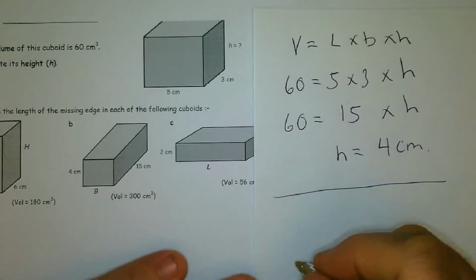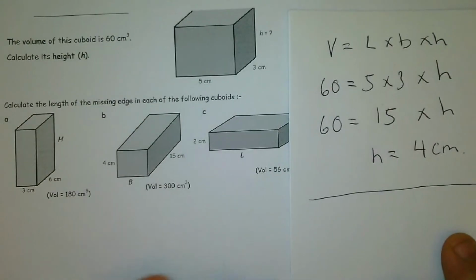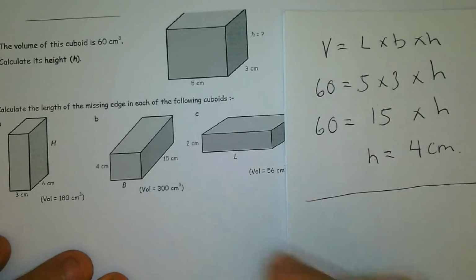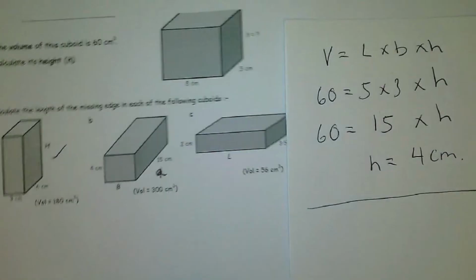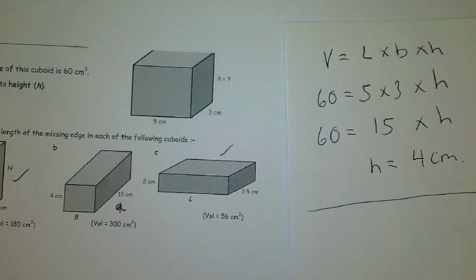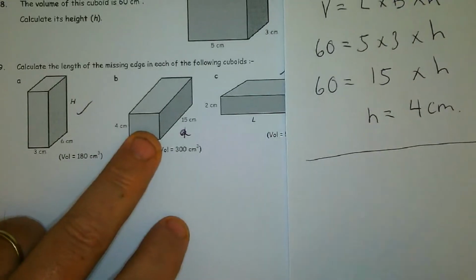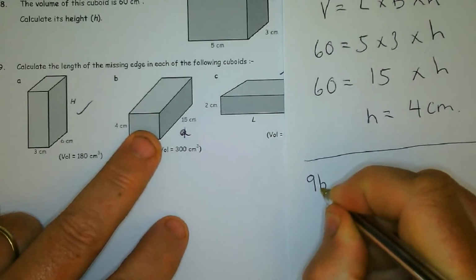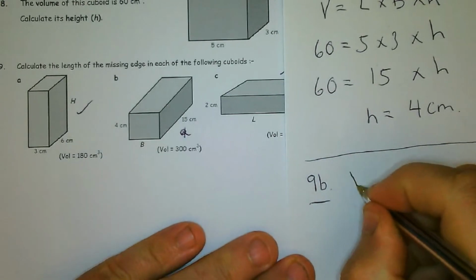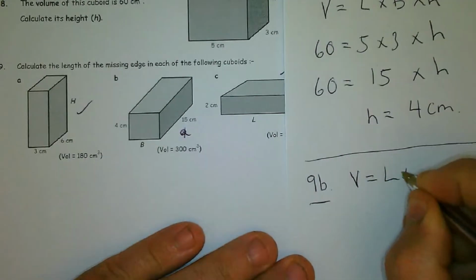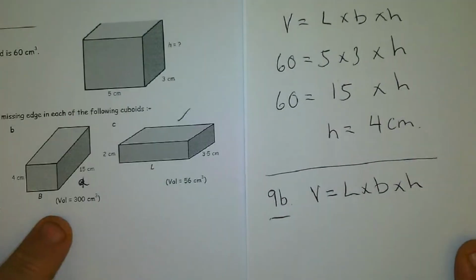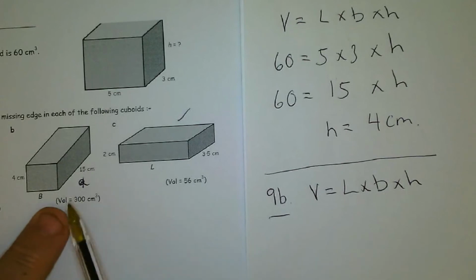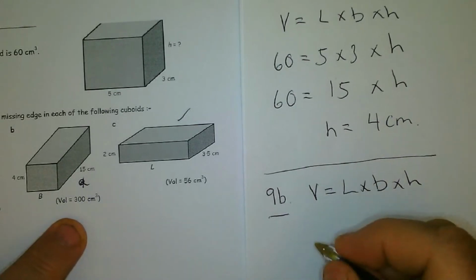Okay. The next one I am going to do, let me have a wee think. I'll do this one. Okay, and you guys have got that one to do and that one to do. So I'm going to do 9b. Again, V equals L times B times H. Now let's put the sizes in.